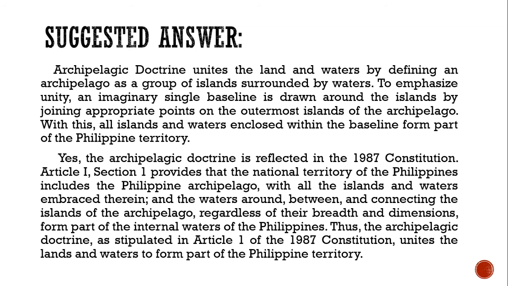To emphasize unity, an imaginary single baseline is drawn around the islands by joining appropriate points on the outermost islands of the archipelago. With this, all islands and waters enclosed within the baseline form part of the Philippine territory.